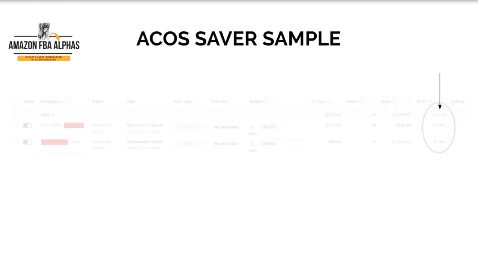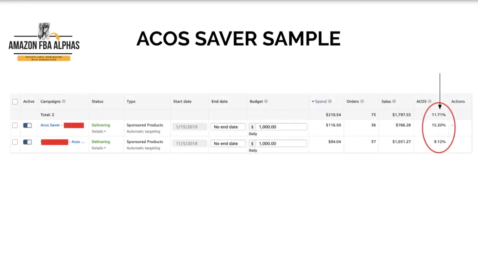And then you have here an example. This is an example from 2 of my products, and you can see here that the spend was, for the first one, $116, and then it came back with $766 in sales, which is a 15% ACOS.